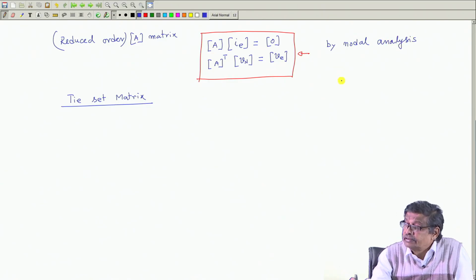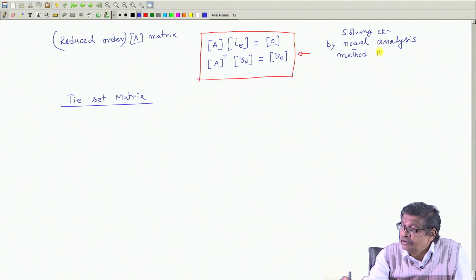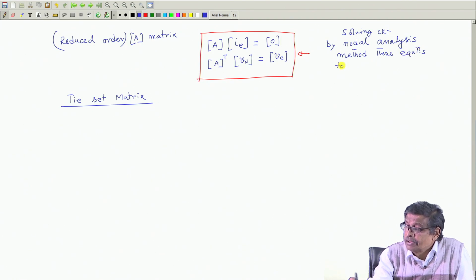By nodal analysis method, solving circuit by nodal analysis method, these equations to be used.